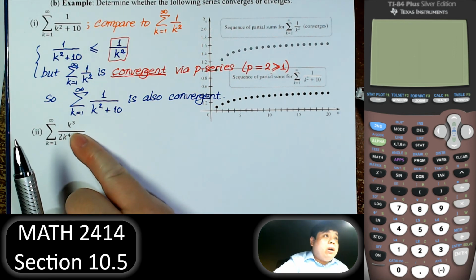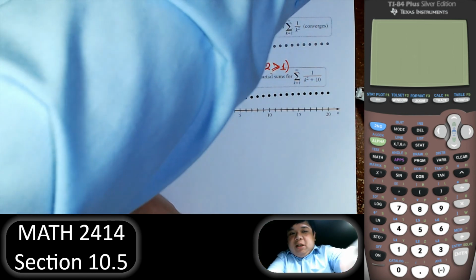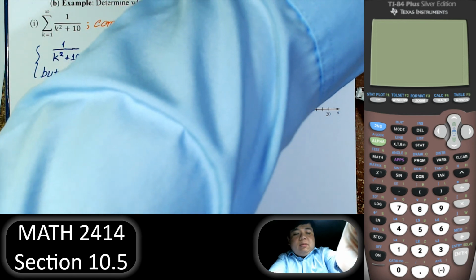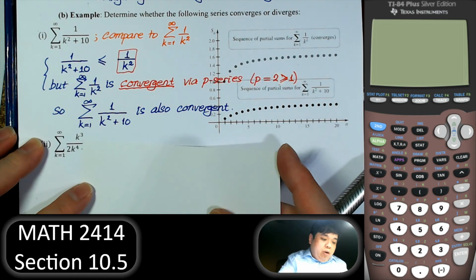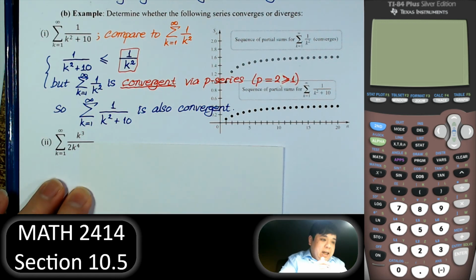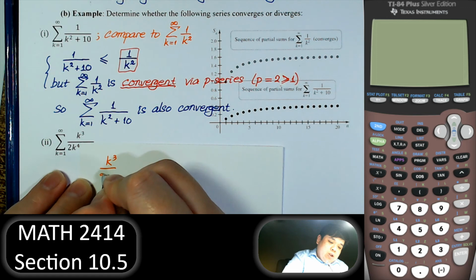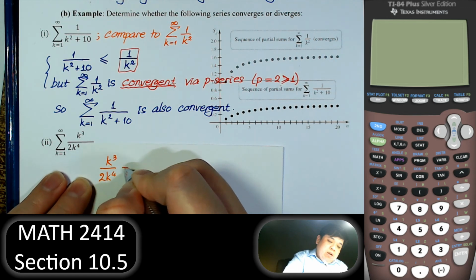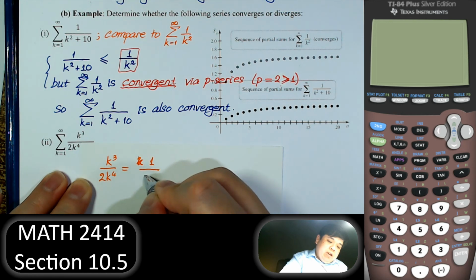If we don't have the 1, I'll just have some scratch paper here. Then we have 2k cubed over 2k to the 4th. Simplify, and we just have 1 over 2k, right?